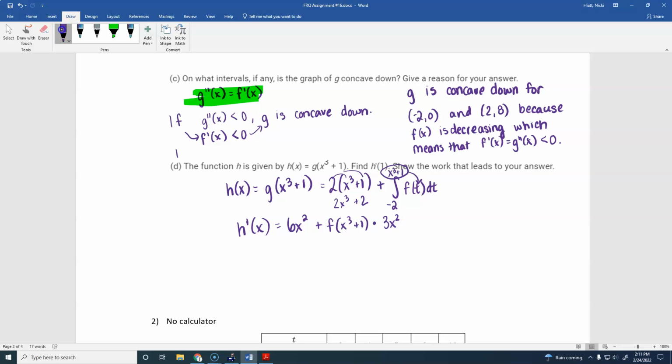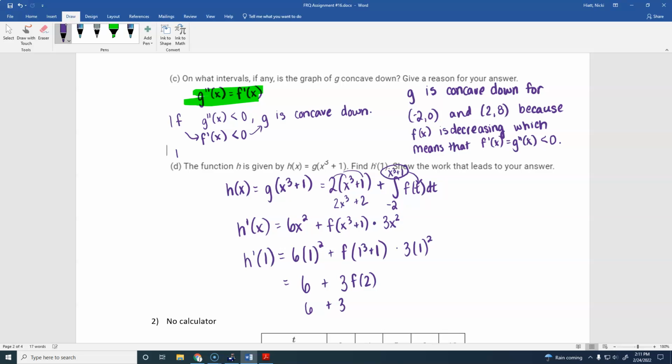Okay. And they asked for 1, so we're going to plug in 1. 6 times 1 squared plus f of 1 cubed plus 1 times 3 times 1 squared. So this is going to be 6 plus 3 times f of 2.